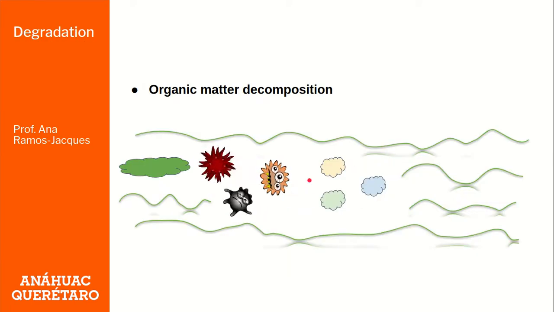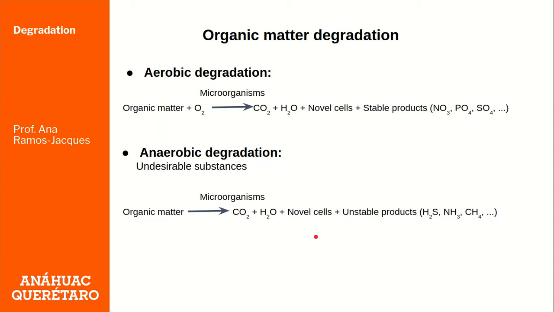We have here the organic matter decomposition, and if you see here, this cloud represents the organic matter, and we have the bacteria here. This organic matter is degraded by the bacteria into simpler substances.